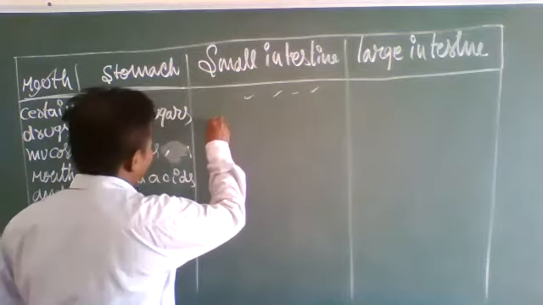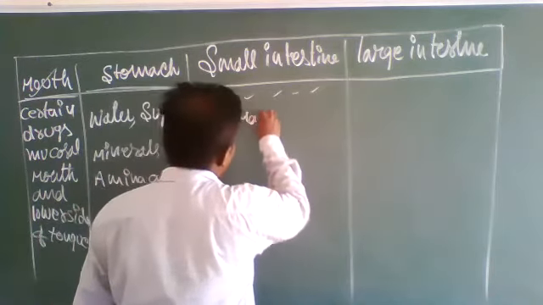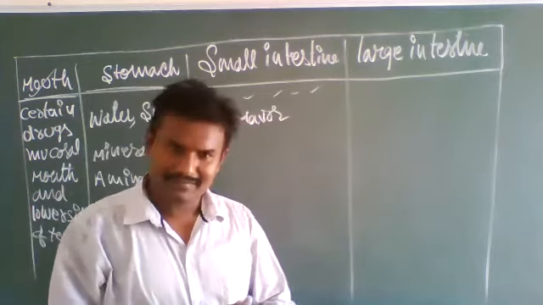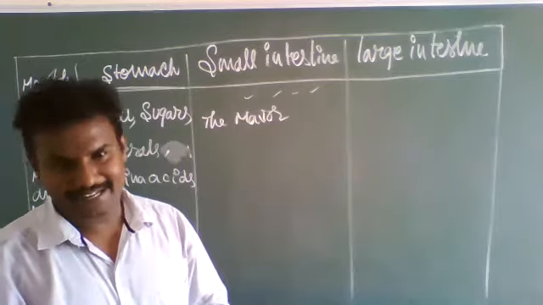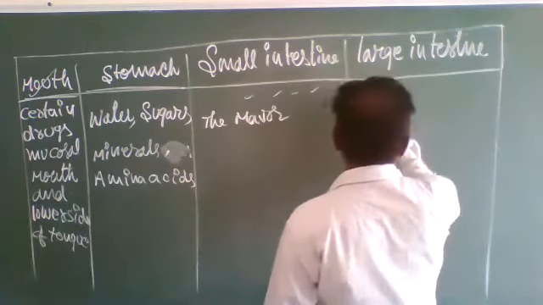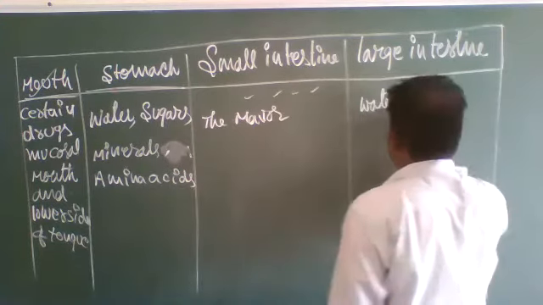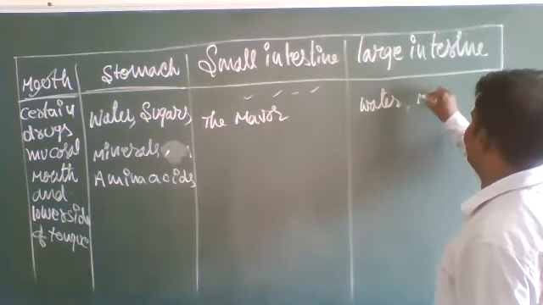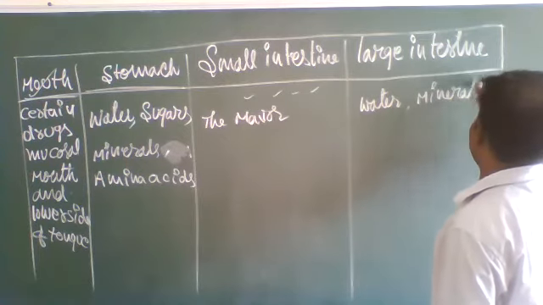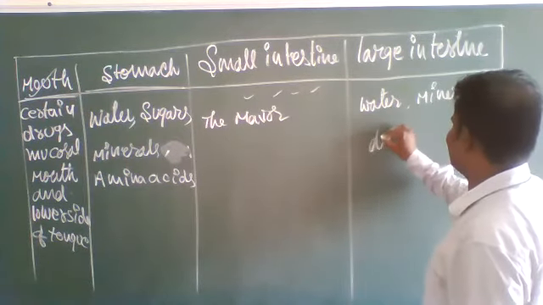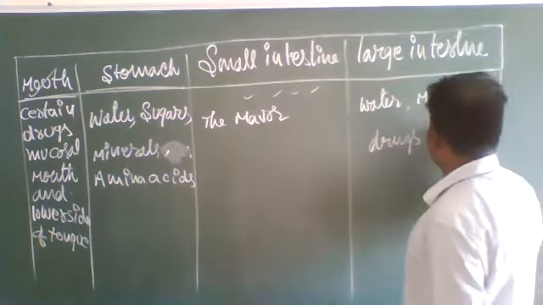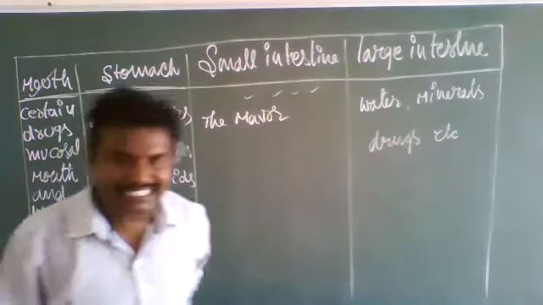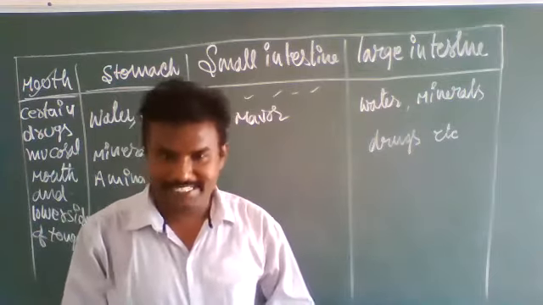The major products of food digestion are absorbed in the small intestine. Next, absorption of water, minerals, and drugs takes place in the large intestine.